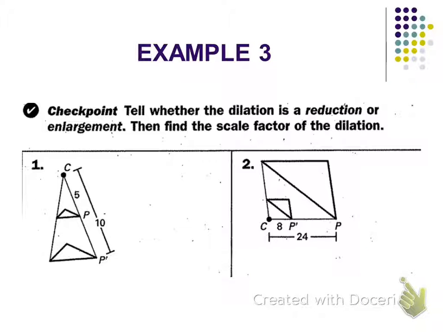Tell whether the dilation is a reduction or enlargement, then find the scale factor. All right, on example 3, part 1. Let's do thumbs up, thumbs down. Do we think this is an enlargement or a reduction? I'm not seeing enough thumbs. We are on example 3, part 1.